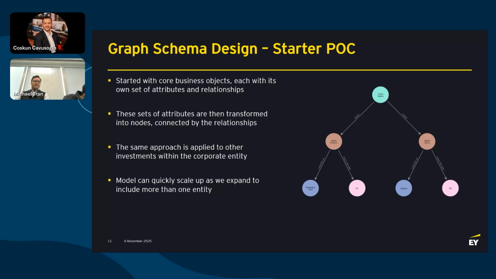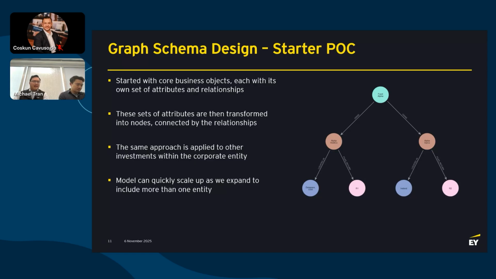One investment is located in Delaware, the other one is located in Ireland. So we know this entity is a good example if you want to test some international jurisdiction, tax laws or tax treatments. And then we'll pick that entity and start doing our POC.